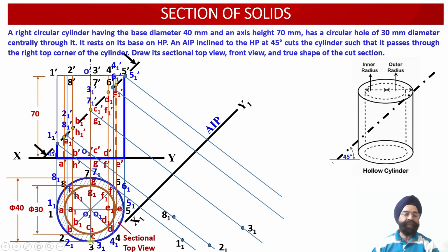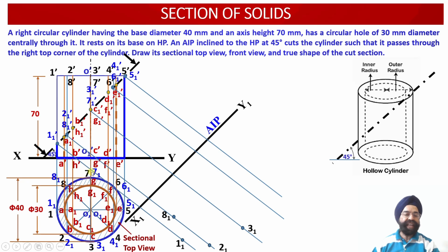Next point available with us is point 31. Again we have measured the distance of point 31 from the xy reference line. Now onto the projector line emerging from 31 dash, this distance we have marked out over here. So point 31's distance from the reference plane x1 y1 will be equal to its distance from the xy reference line.